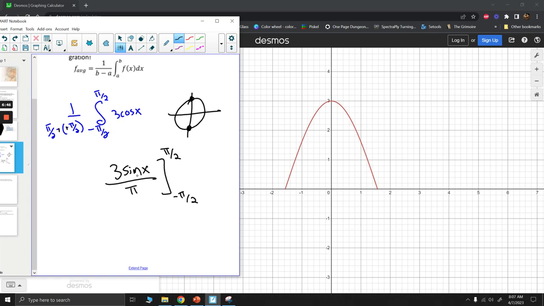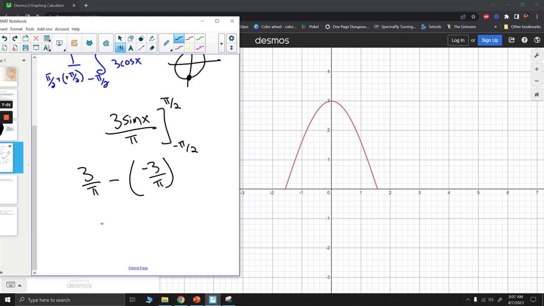So sine of pi halves is going to be 1, so 3 over pi, minus sine of negative pi halves, that's going to be negative 1, so negative 3 over pi. And we get 3 plus 3 over pi, which will be 6 over pi.